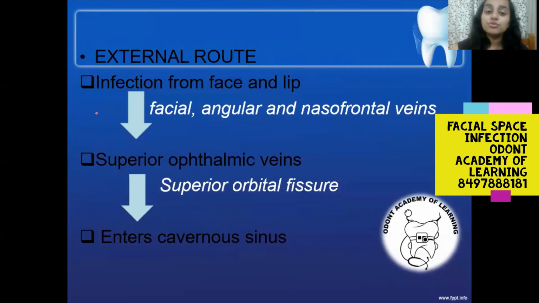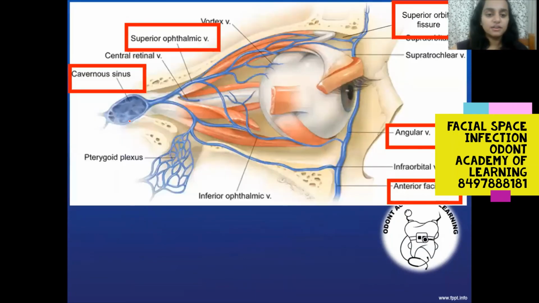Okay, so the two routes that we were talking about are the external route and an internal route. In the external route, what happens is we have an infection, let's say on the nose or the anterior region. It goes via the facial vein, okay, combines with the angular vein.